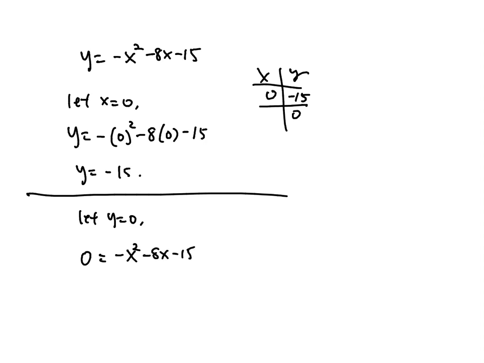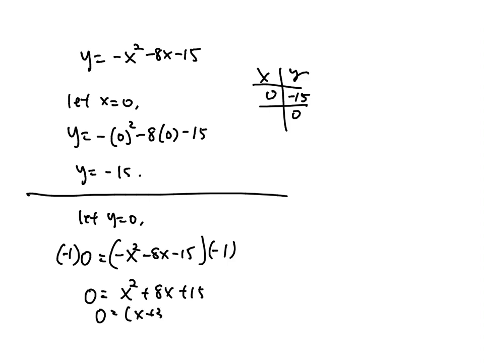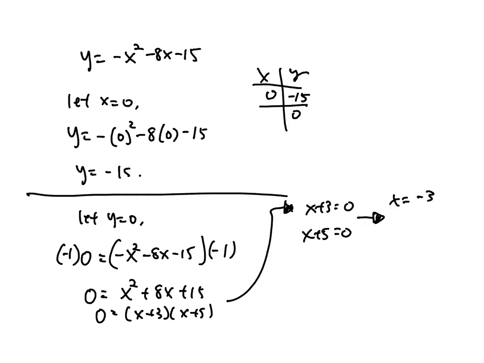I think this is factorable, but I'm going to do a really quick sign switch by multiplying everybody by negative 1. So you get 0 equals x squared plus 8x plus 15. And this is a lot easier to see. This is 0 equals (x plus 3)(x plus 5). So x plus 3 equals 0, x plus 5 equals 0, and x equals negative 3, x equals negative 5. So again, this problem has two x-intercepts and one y-intercept.